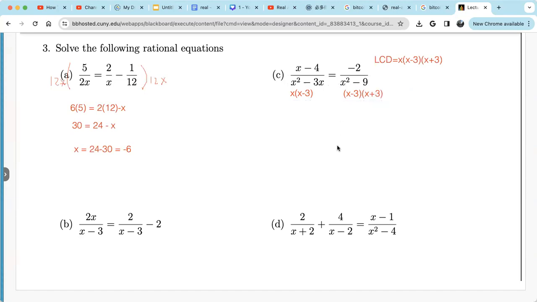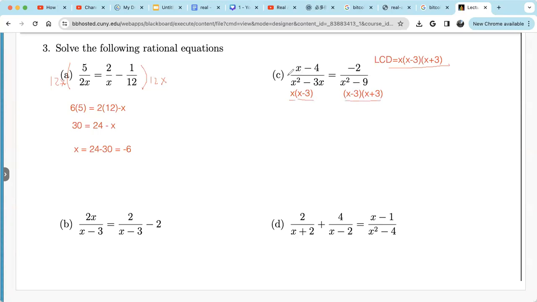Okay, so we have 4 factors, but 2 factors are the same. So this denominator will have x times x minus 3, and this denominator will have x minus 3 times x plus 3. So x minus 3 is the same. So the factors will be x, x minus 3, x plus 3. So that's our least common denominator for this one.